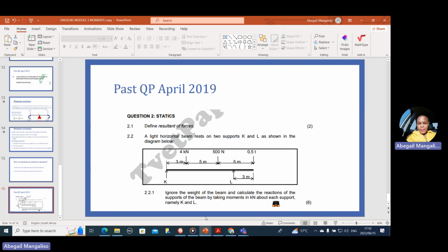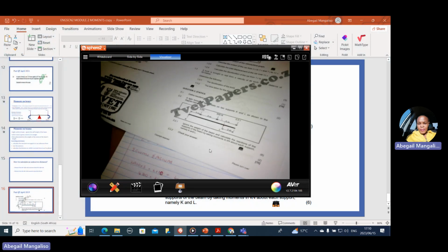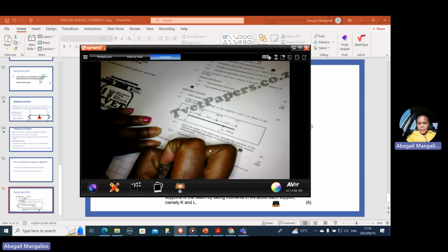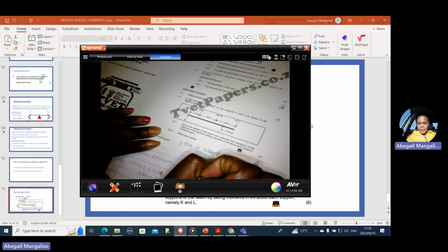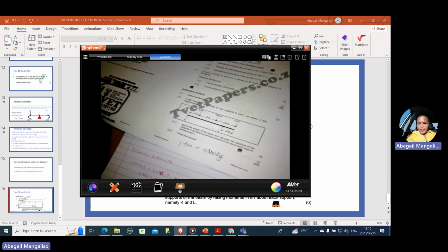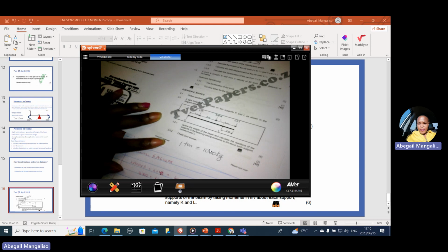Here is the relationship between tons and kilograms. 1 ton is equal to 1,000 kg. There is no direct relationship between a ton and a newton, so you move from ton to kilograms.